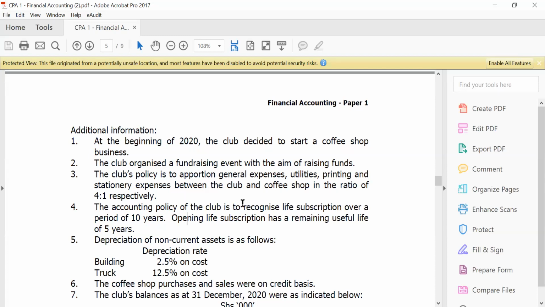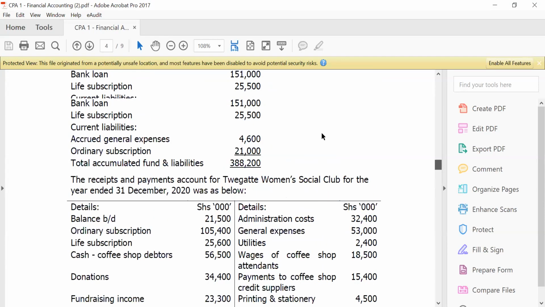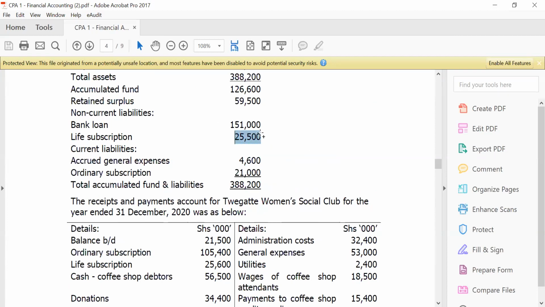So they are telling us that the opening life subscriptions has a remaining useful life of 5 years. So this so-called 25,500 has a remaining useful life of how long? 5 years. While this 25,600 that was paid for a period of 10 years.